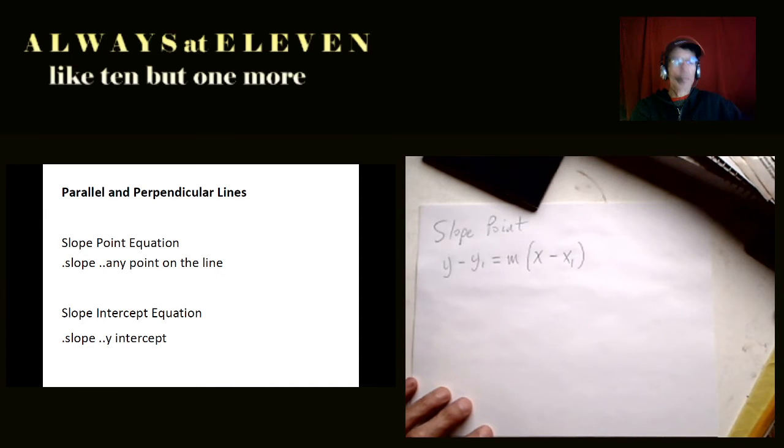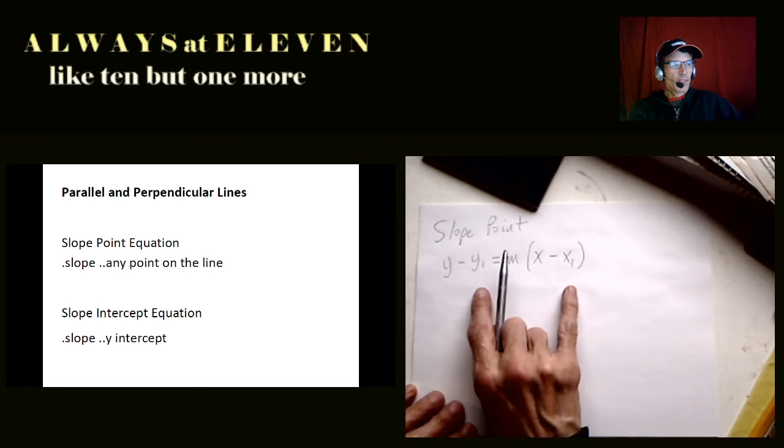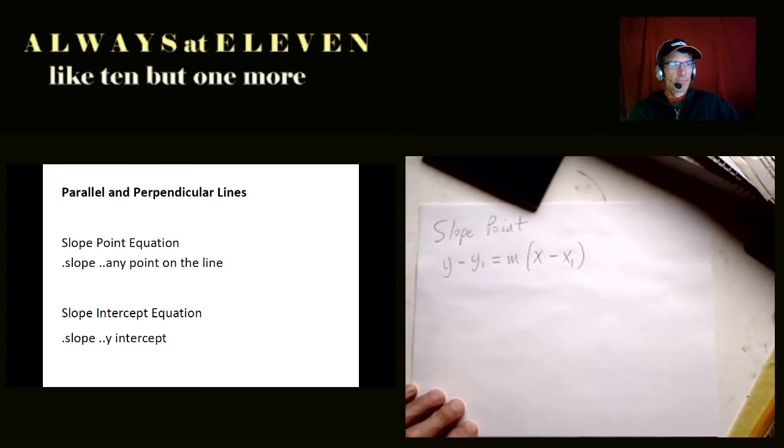All you do is you figure out you need the slope, you need a point on the line, and that gives you the slope-point form of the equation.